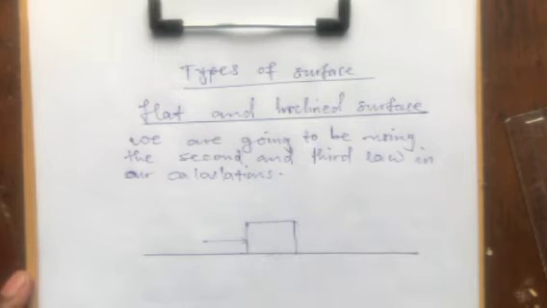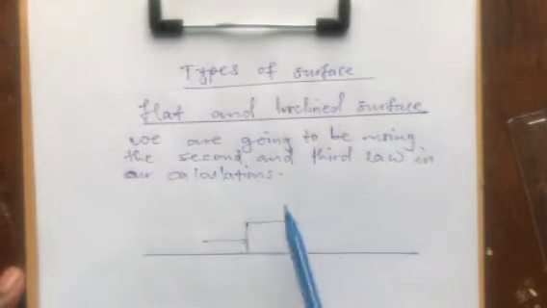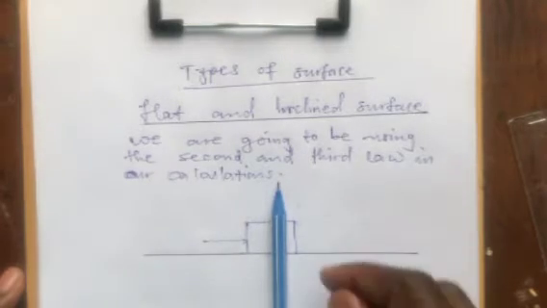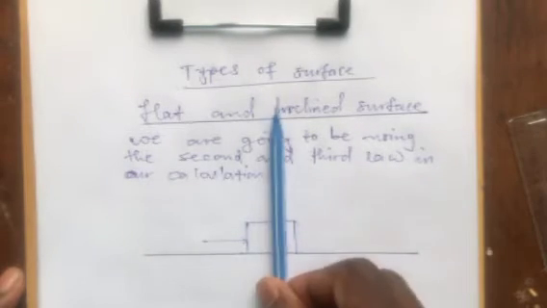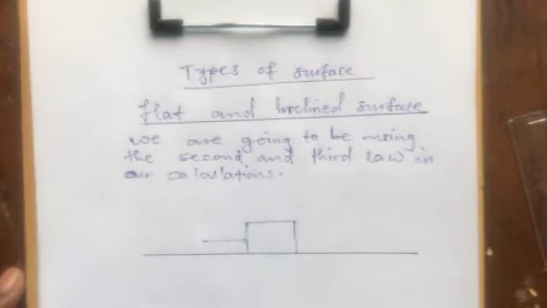If they ask you what law is being applied here, you should understand we are applying the second law of motion, because of the acceleration for this object to move from this given point to cover a given displacement. So whenever an object is moving, we apply the second law of motion.